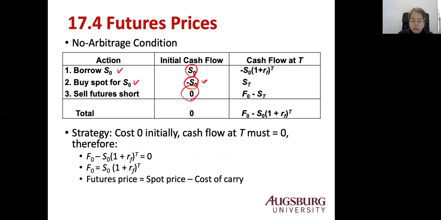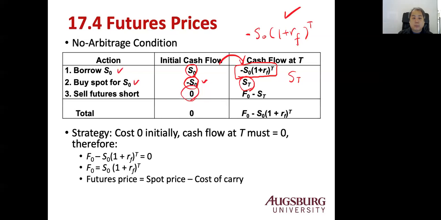Then you hold until T, the maturity date, and you have to pay back the amount of borrowing. If you can borrow at the risk-free rate, it's going to be S0 times 1 plus risk-free rate to the T. That will be your loan payment, right? And because you bought spot, you have ST, the price at the maturity date.